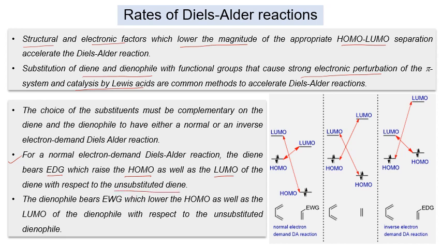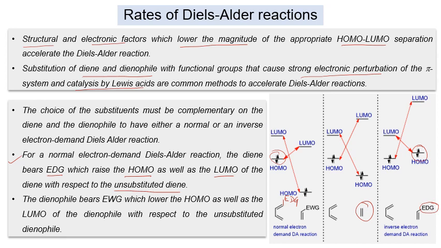So if you see here, if we put an electron donating group here, then the HOMO of this diene will be raised. If on this dienophile we put an electron donating group, then again the HOMO will be raised.